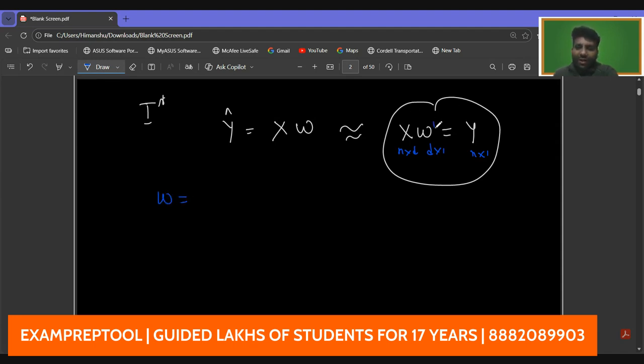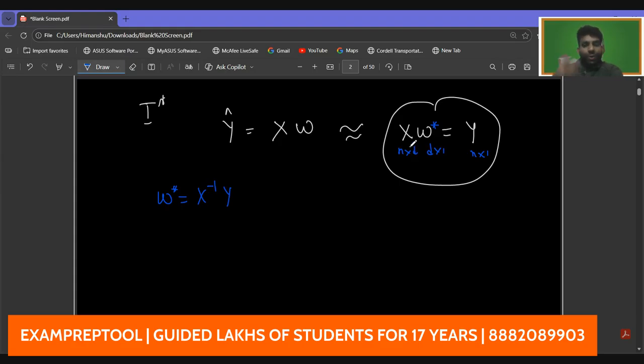Let me just write w star is the optimal one, such that if I multiply w star with X, I should be getting my y only. So w star should be equal to X inverse y. You should be telling me this. But the point is, we can't really say this. A simple reason for this being that my X is not a square matrix, it's a rectangular matrix. So we have a trouble here.